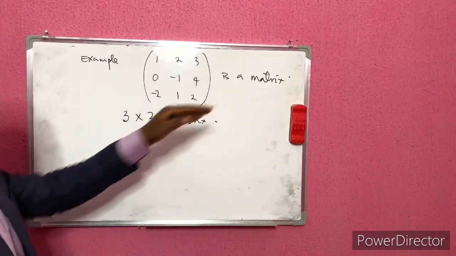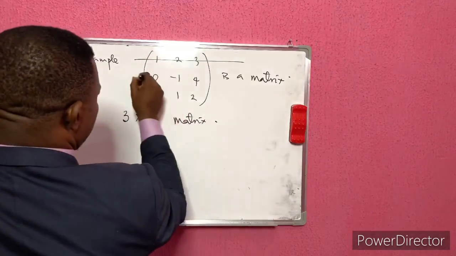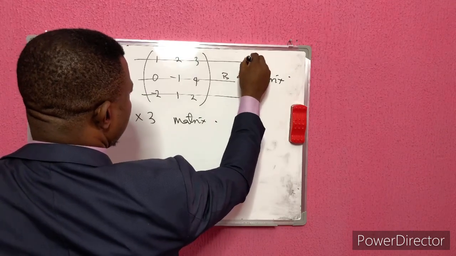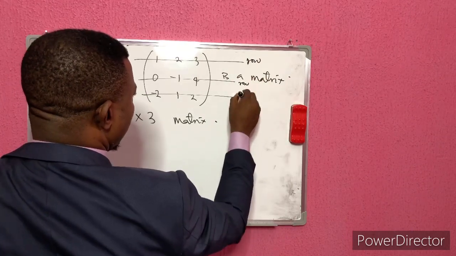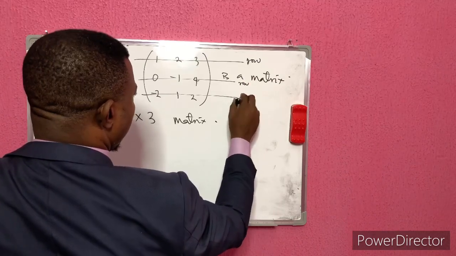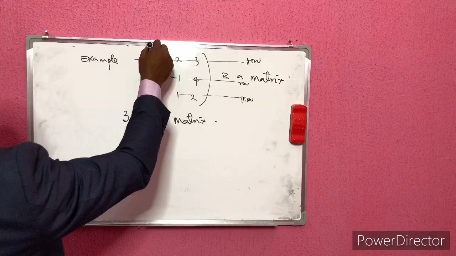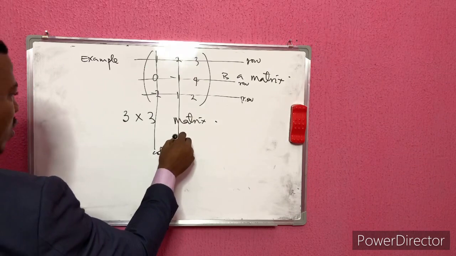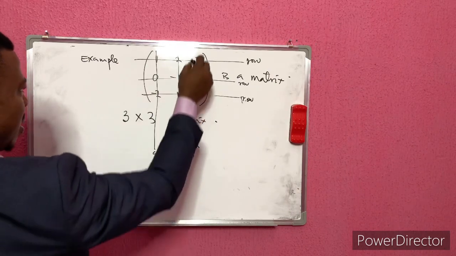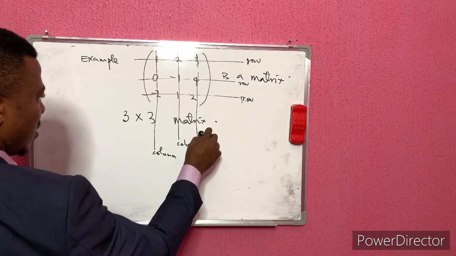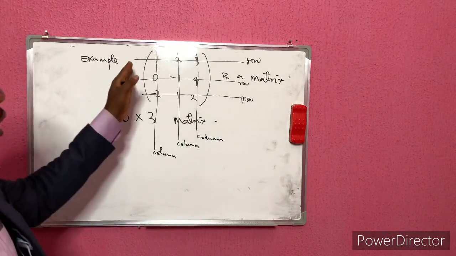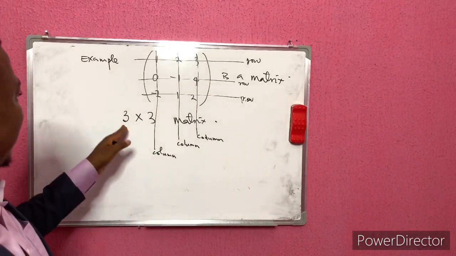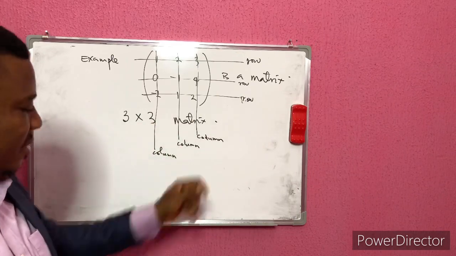These are the rows, these are the columns. That is 3 rows, 3 columns. That's why we say 3 by 3 matrix.